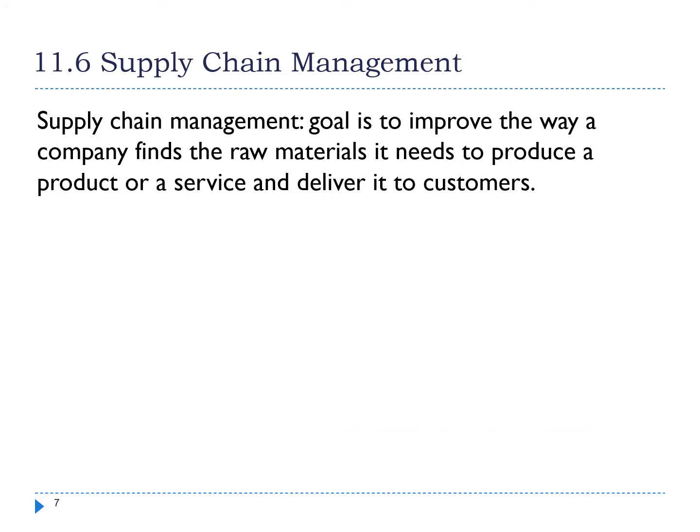Okay, let's move on. In this session, we are going to take a look at how to manage the supply chain. The goal of supply chain management is to improve the way a company finds the raw materials it needs to produce a product or service and deliver it to customers.